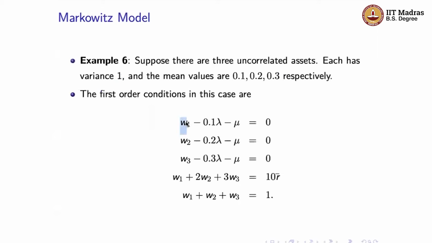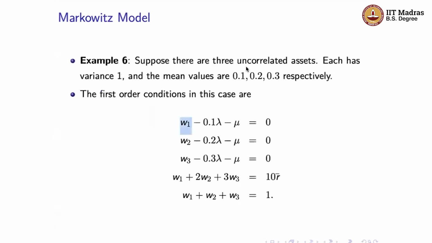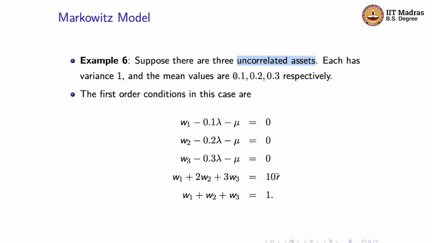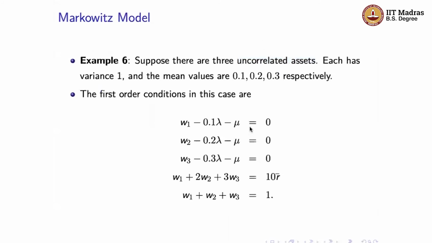Hence, the first term is W1. And then you have got sigma 1, 2, W2, but sigma 1, 2 is equal to 0. How do we know that? Because these assets are uncorrelated, right? And similarly, sigma 1, 3 is equal to 0 as well. And hence, that does not enter this first equation. And then you have got minus lambda times R bar 1. R bar 1 is equal to 0.1. And hence, you end up getting 0.1 times lambda. And finally, you get a minus mu here, right?